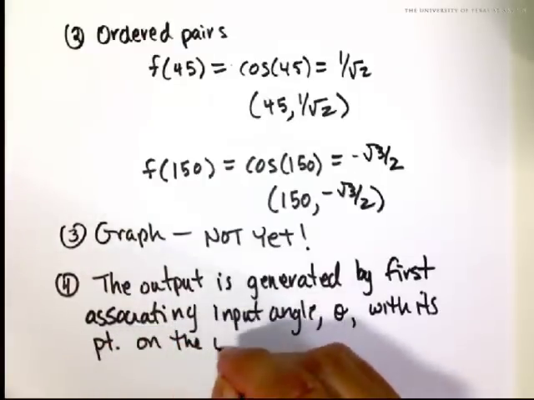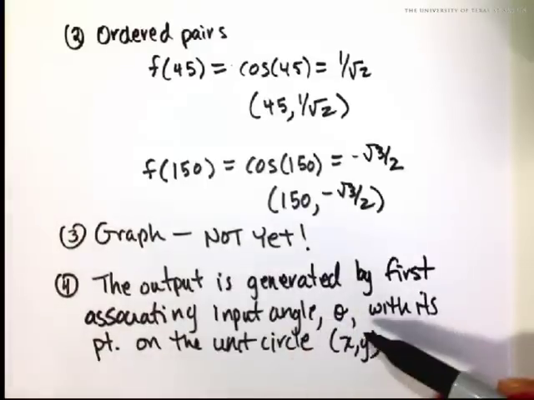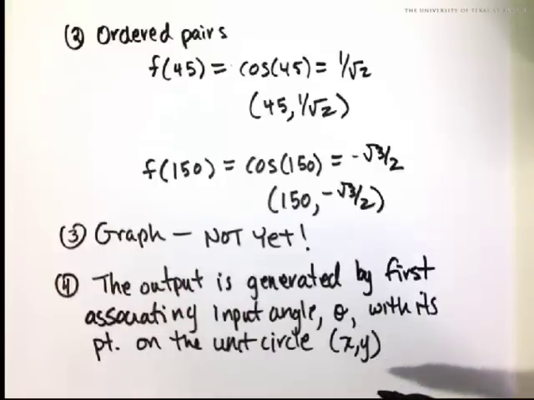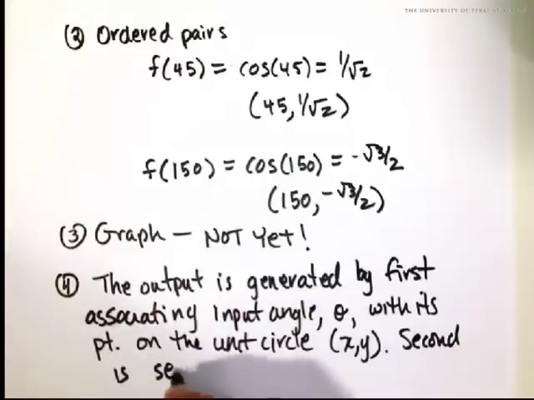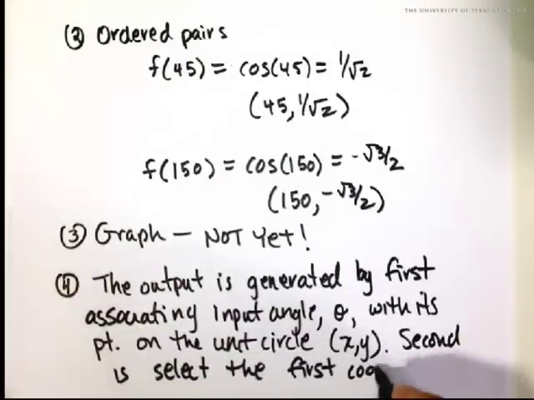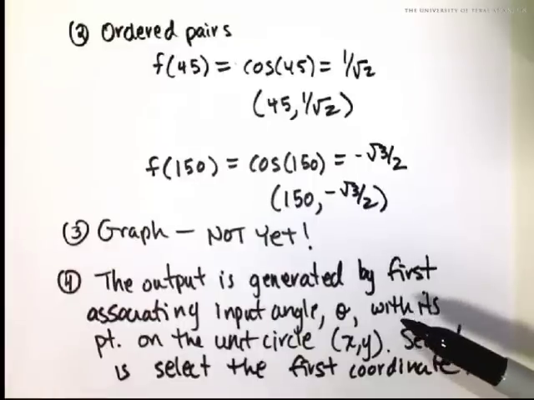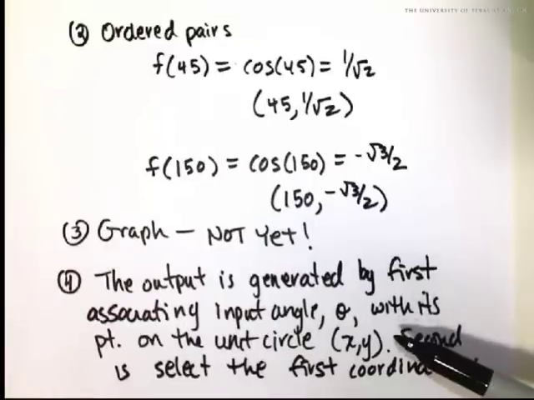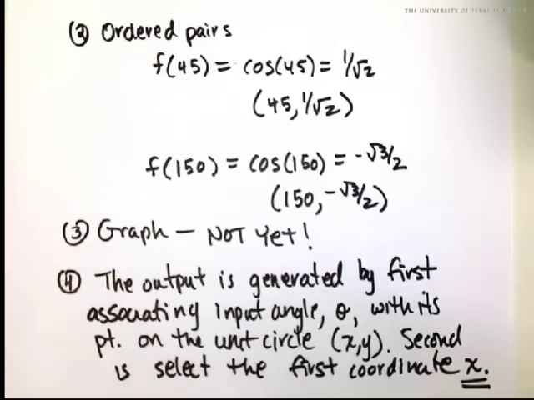And we'll call that x, y. So the first thing we're going to do is associate theta with a point on the unit circle. And the second thing we're going to do is select the first coordinate. So the output is generated by first associating the input angle theta with its point on the unit circle. So we have theta, we pick that point, and the second thing we do is we pluck off that first coordinate, and out comes x.